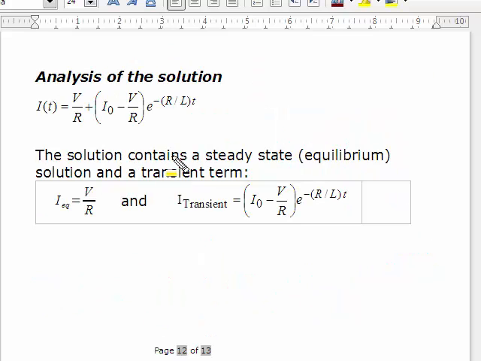So here's the solution again typed out, and we have two terms similar to the case that we did before for the first order kinematics. We have a steady state term, and that's the term that doesn't vary with time. Then we have a transient term, and it includes a decaying exponential.